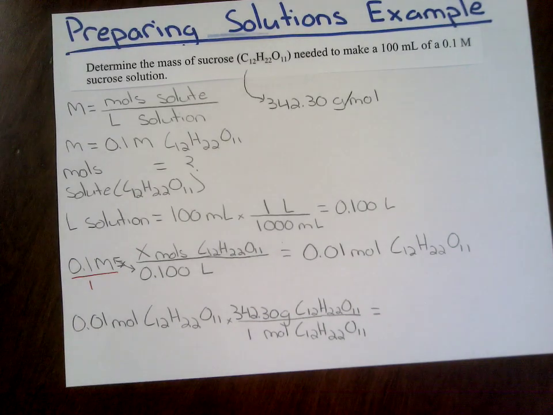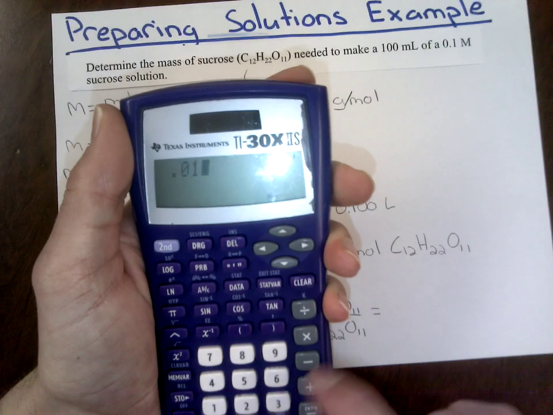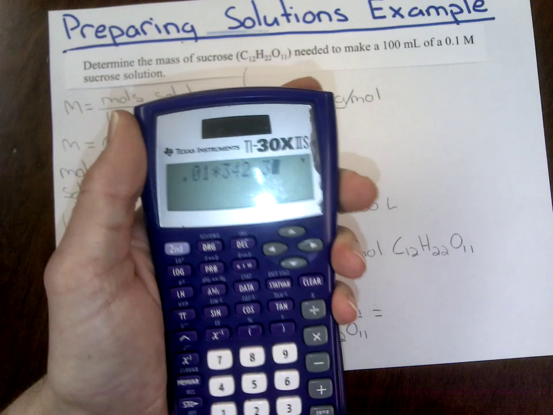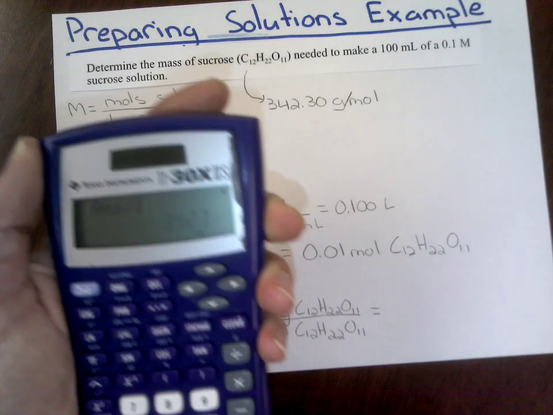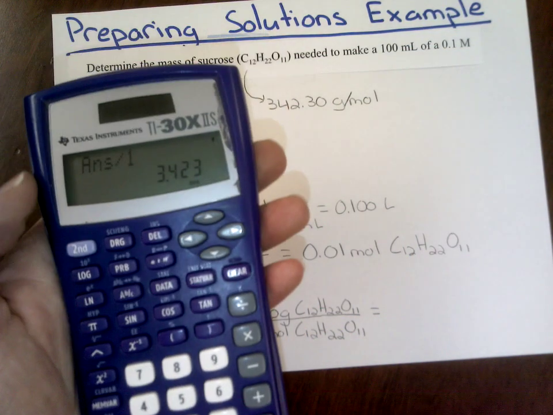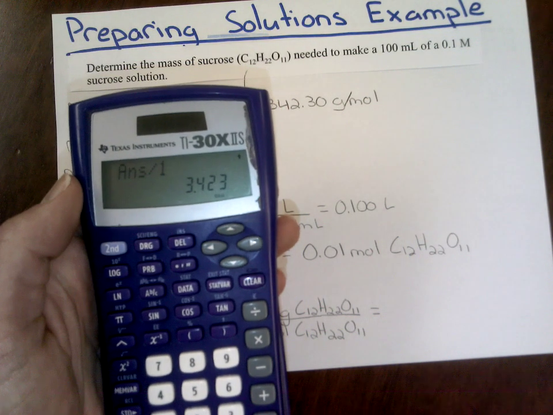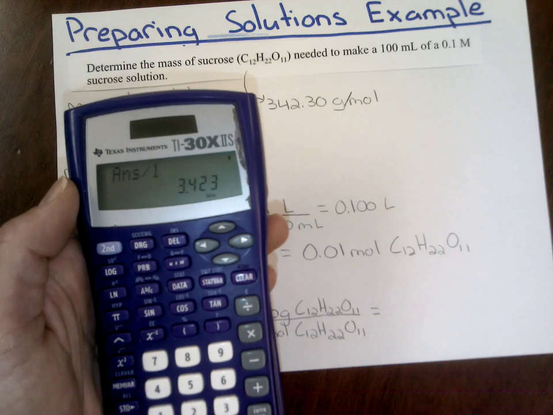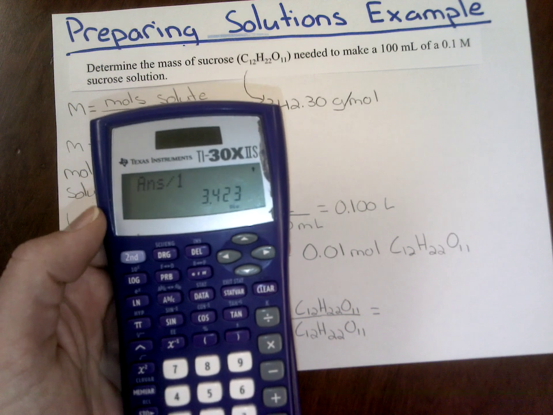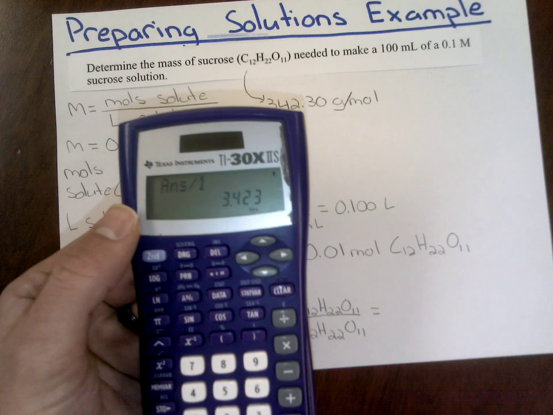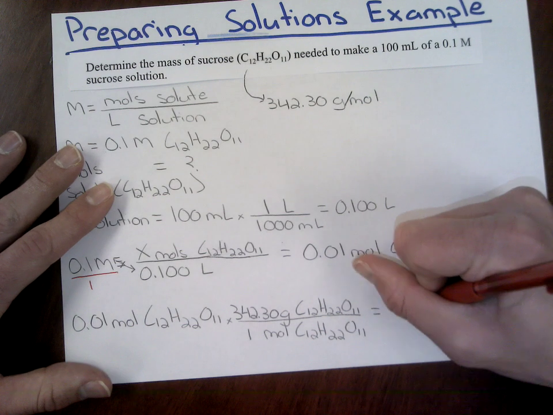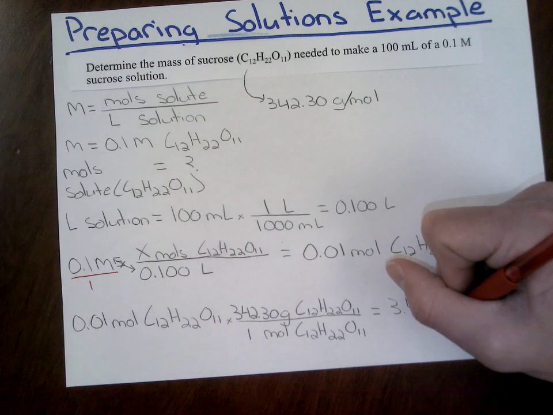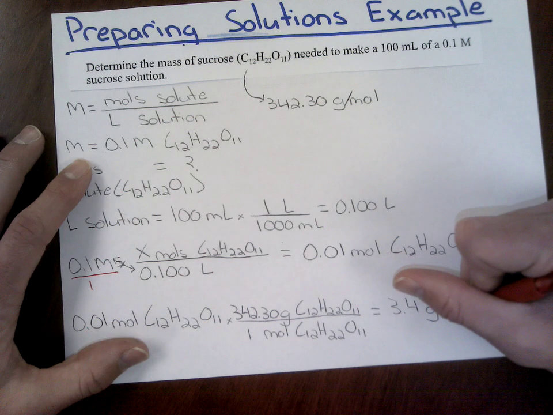And now all we need to do is take 0.01 times 342.30. We press enter, divide that by 1, and we get a value of 3.4 grams when we round to 2 digits. So 3.4 grams of that sucrose. Took us a while to get there, but we get 3.4 grams of C12H22O11.